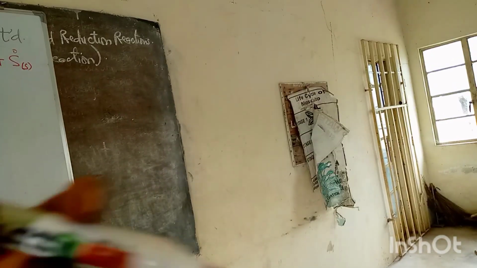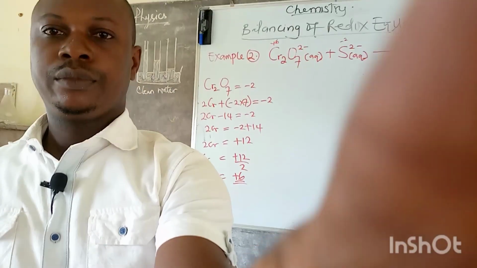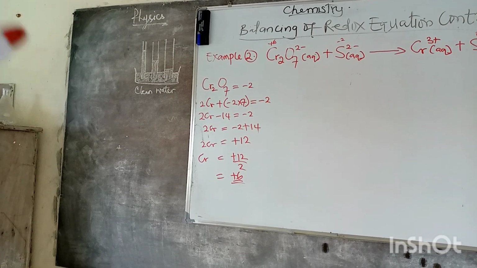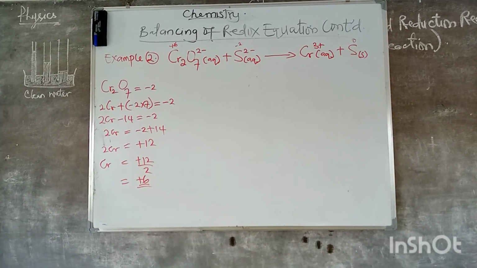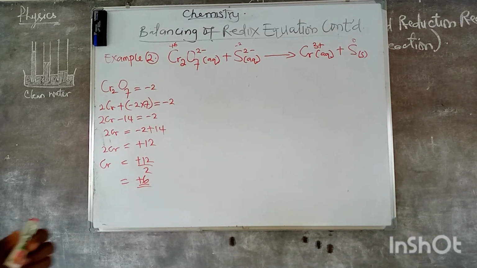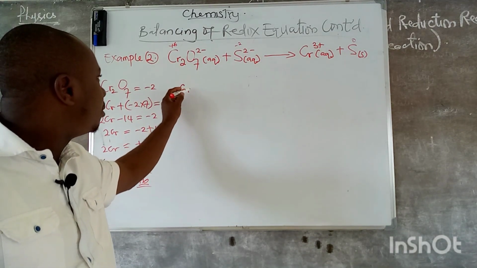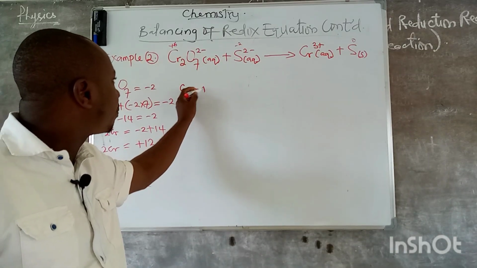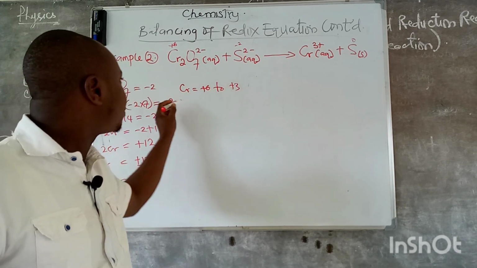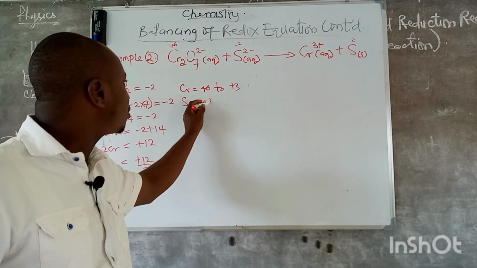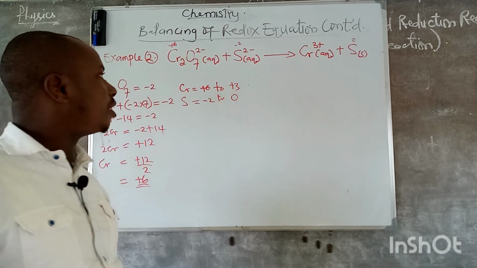So if you watch very well now, you understand that chromium changes from +6 to +3. Sulfur changes from -2 to 0.